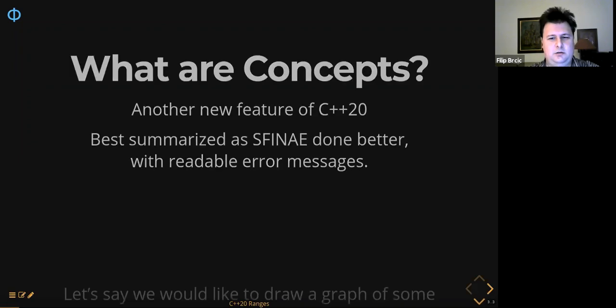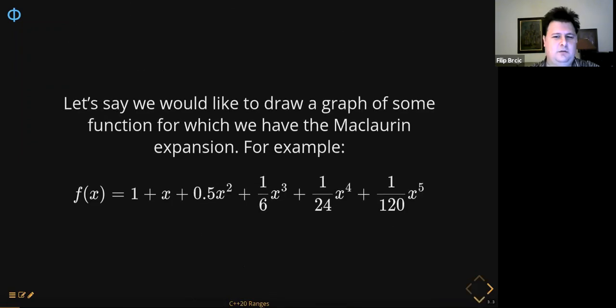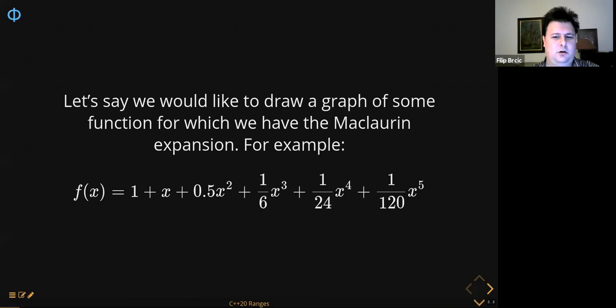We will look into one example. For example, we want to draw a function. This is actually an exponent with probably fewer parameters than it should have to be exact, but never mind. This is a Maclaurin expansion of the exponent function, and we would like to, I don't know, draw a graph or something to evaluate that function.